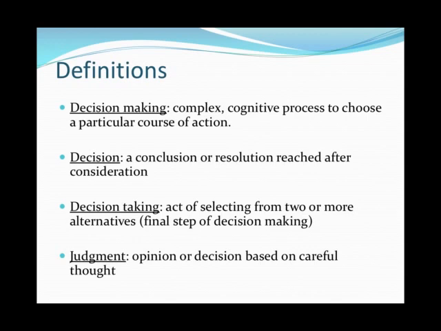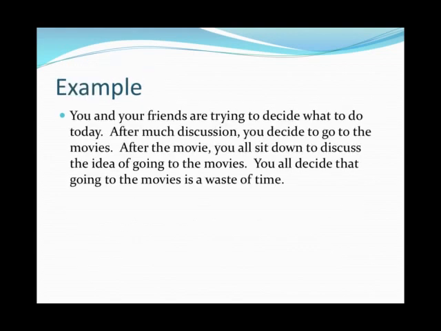A judgment is different from a decision in that a judgment is normally based more on careful thought. Let's go through this example again. The decision making process is, in general, the whole thing. You're trying to decide what to do today. You talk about it. You finally decide, okay, we're going to go to the movies.